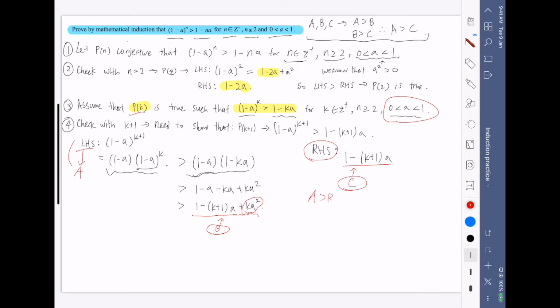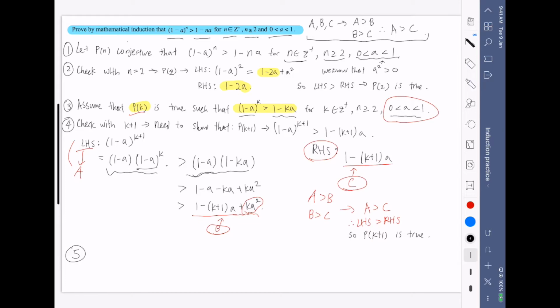You see, a greater than b, and b greater than c. And so a greater than c, the left-hand side is indeed greater than the right-hand side. So P(k + 1) is true. And now we've successfully proven this.